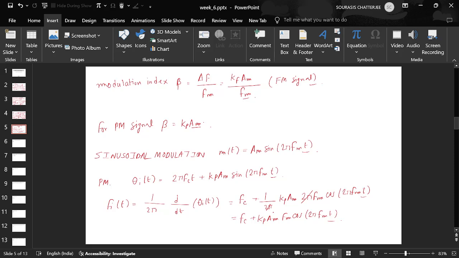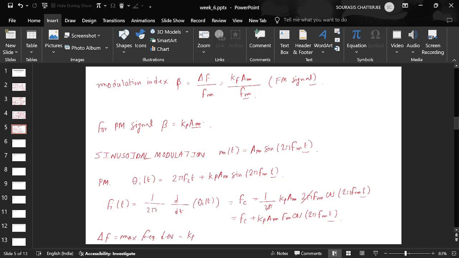And since this is your instantaneous frequency, your maximum frequency deviation is kp Am fm times the maximum value of cos, which is 1.